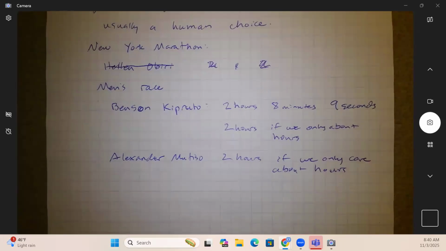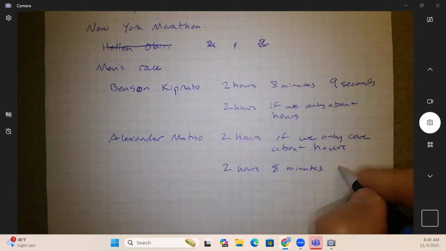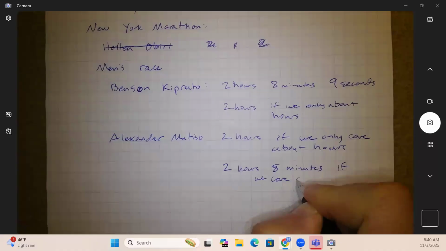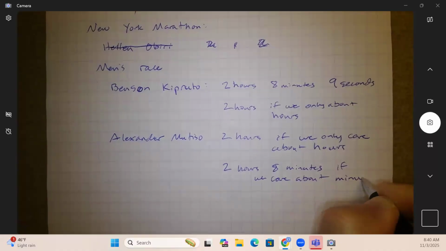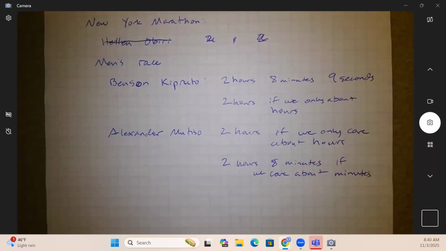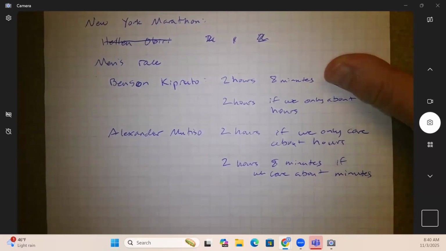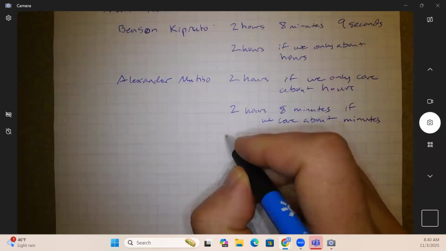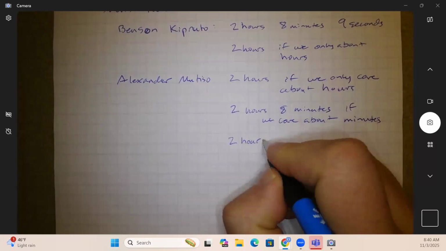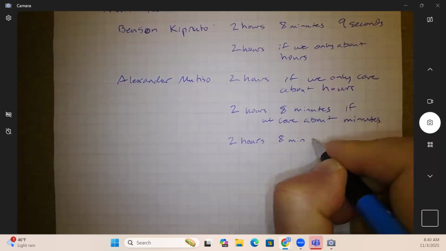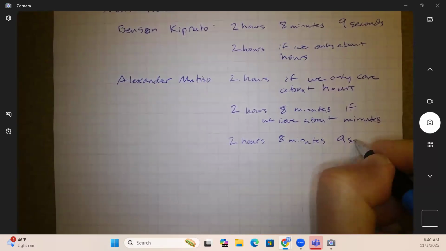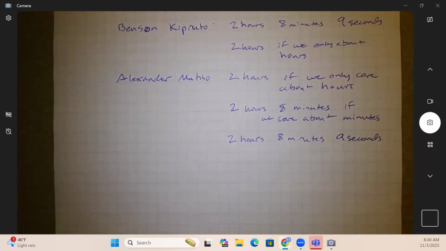But if we extend our significant figures into minutes, technically it was 2 hours and 8 minutes, if we care about minutes also. Is that enough to say who won? No, because they still seem tied if all we care about is minutes. So now we have to care about seconds as well. Actually, Alexander Mutiso finished in 2 hours, 8 minutes, and 9 seconds, if we care down to the second.